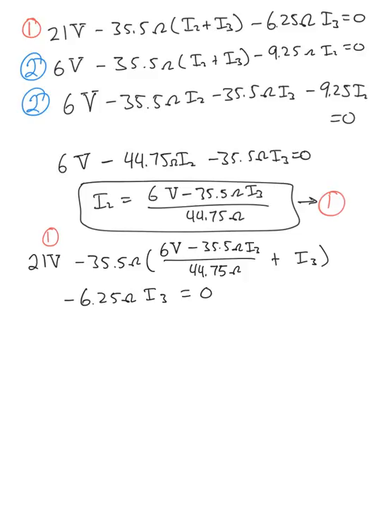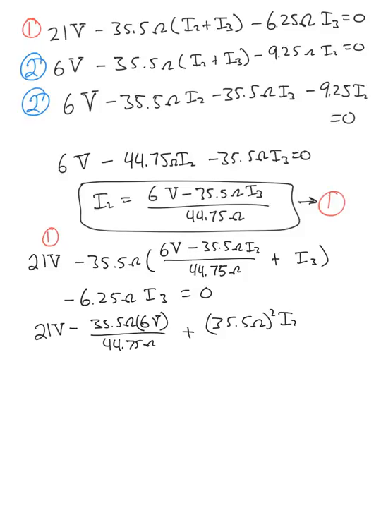And that equals 0. So now what we can do is explicitly multiply out each of these terms. So we get 21 volts minus 35.5 ohms times 6 volts divided by 44.75 ohms plus, because it's minus a minus, 35.5 ohms squared multiplied by I3 divided by 44.75 ohms.